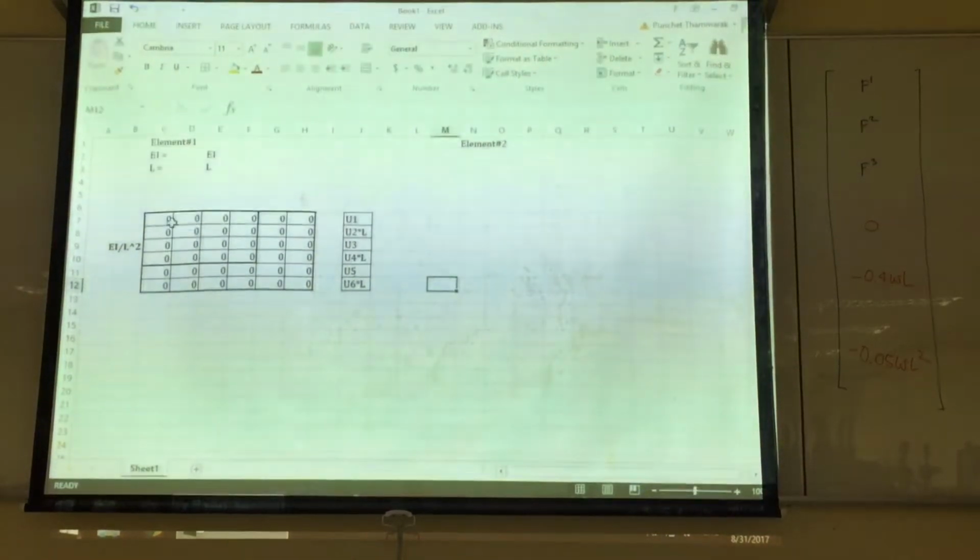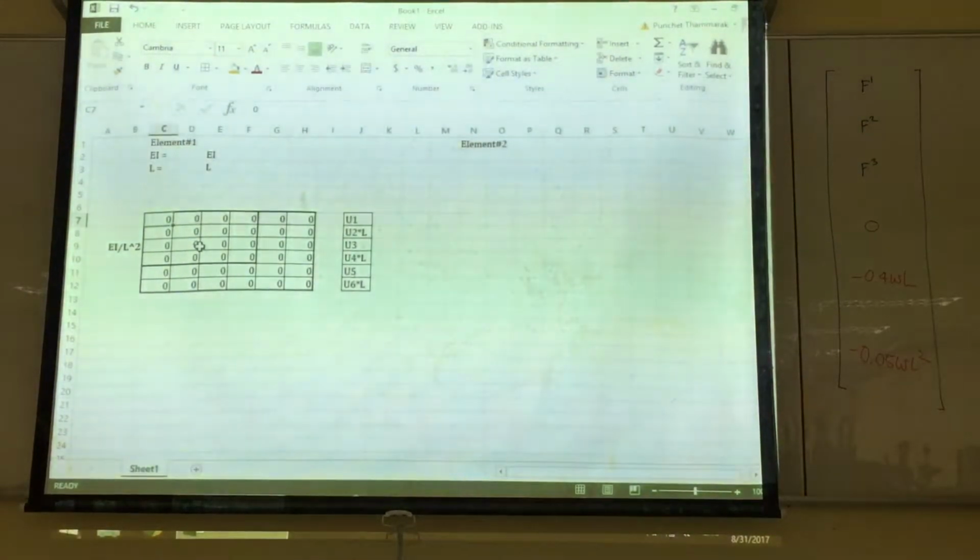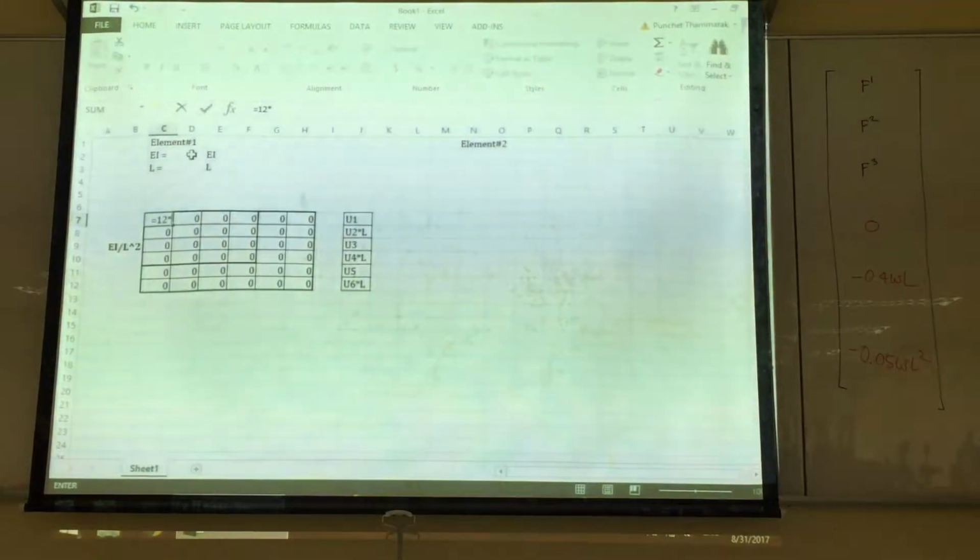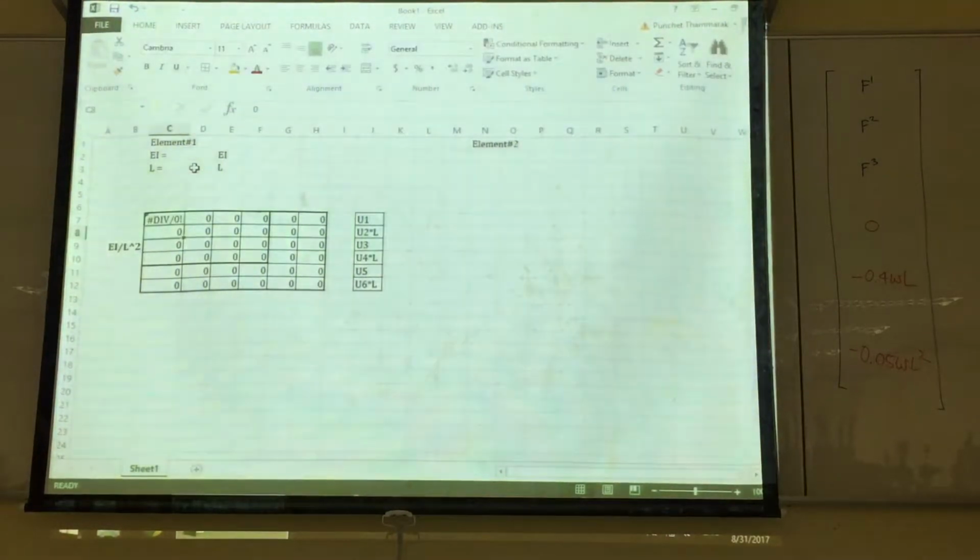Okay. So here will be equals to 12 times the scale of EI, alright, over the scale of L cube. Wait a second, nothing's wrong. I need to just put in the scale there.